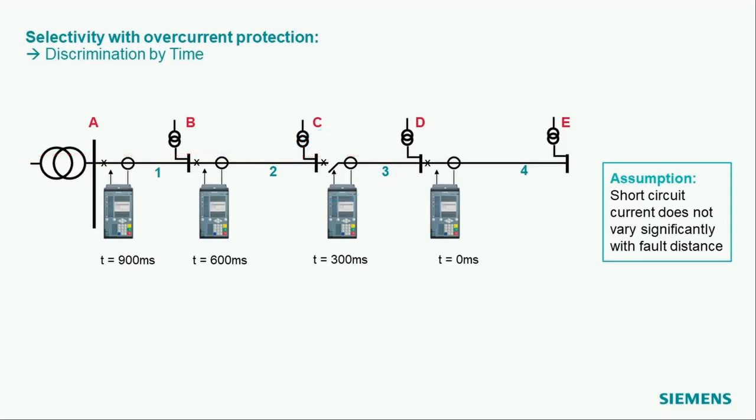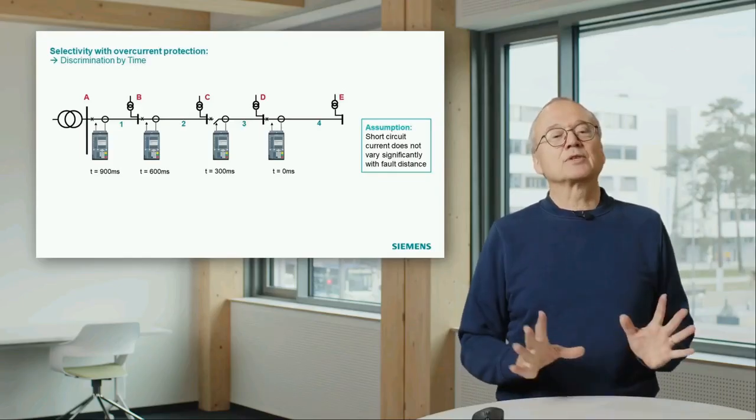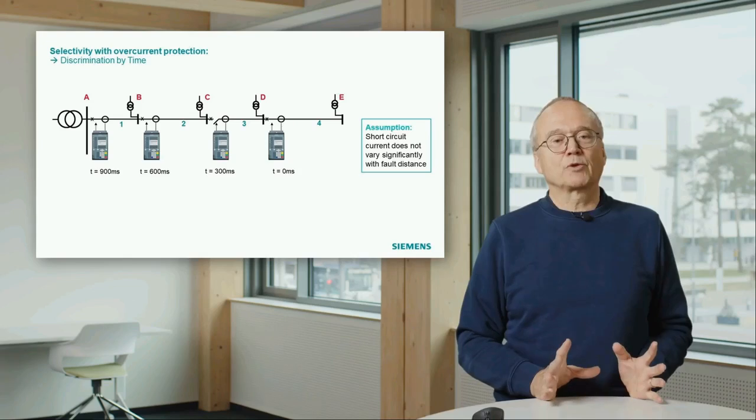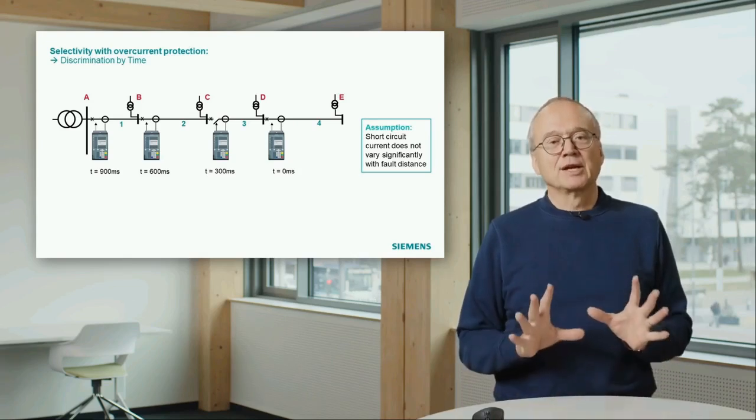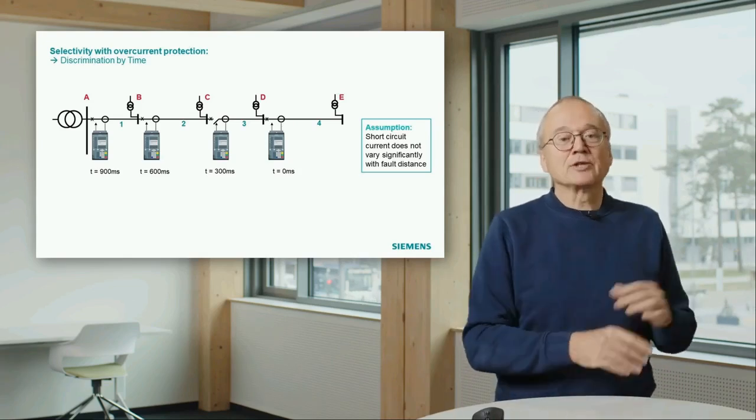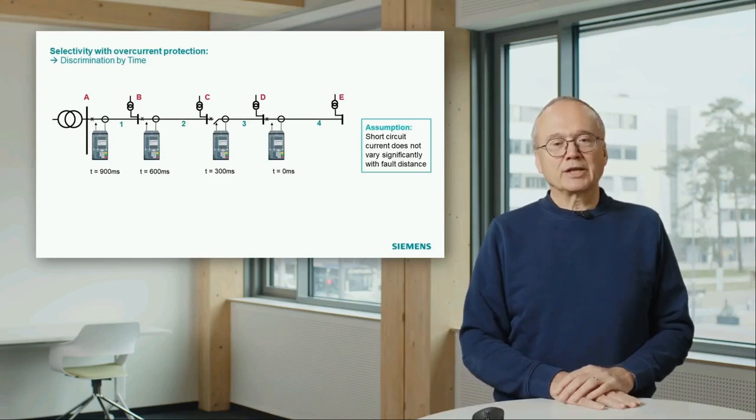That means in the other 2 relays on the left-hand side, the timer will reset before the time delay of 600 or 900 milliseconds is reached. That means these 2 relays will not trip the breaker. That means by this simple arrangement, we get selectivity.